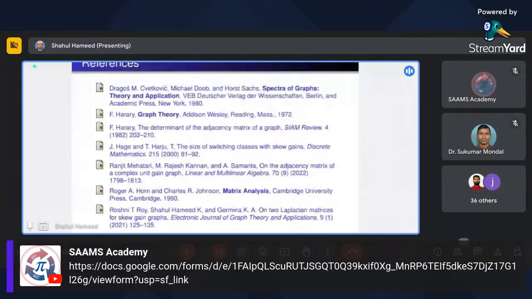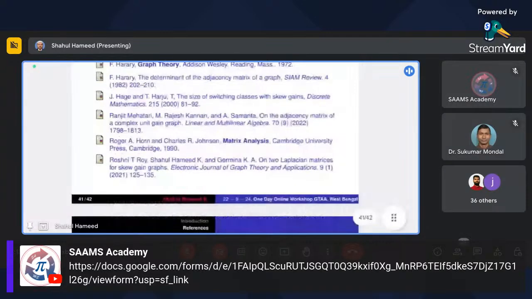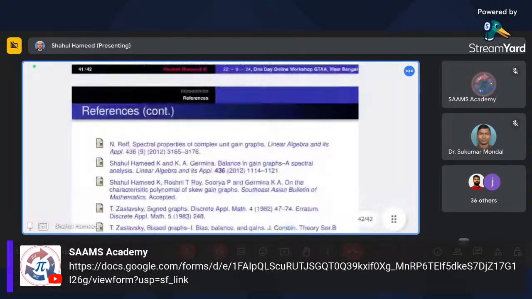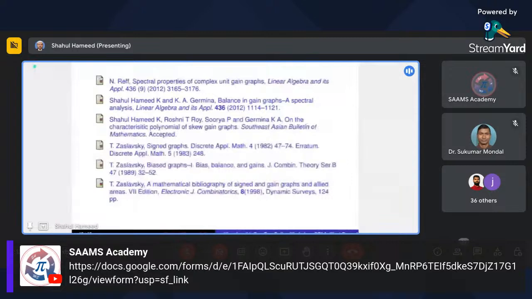Another paper I'll mention, because it is frequently cited, is Spectral Properties of Complex Unit Gain Graphs. It deals with gain graphs with gains from the unit circle, mod z equal to 1.